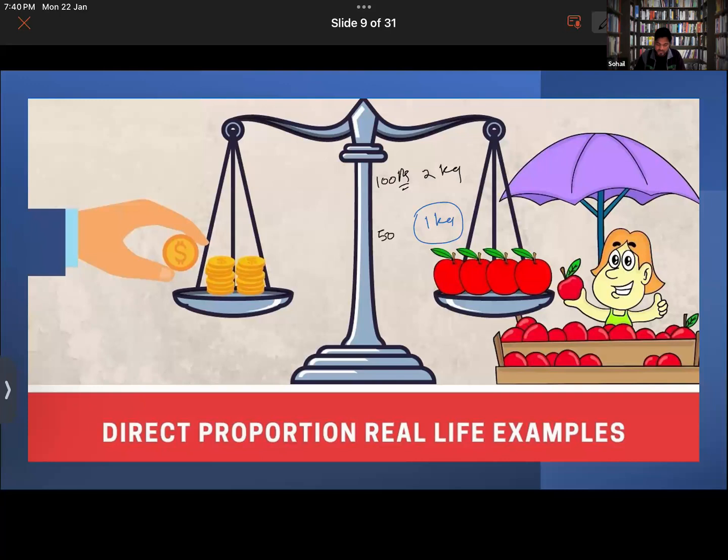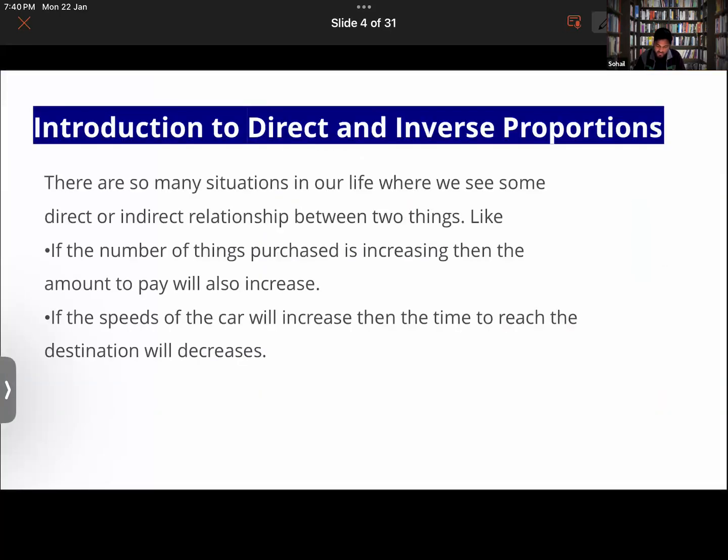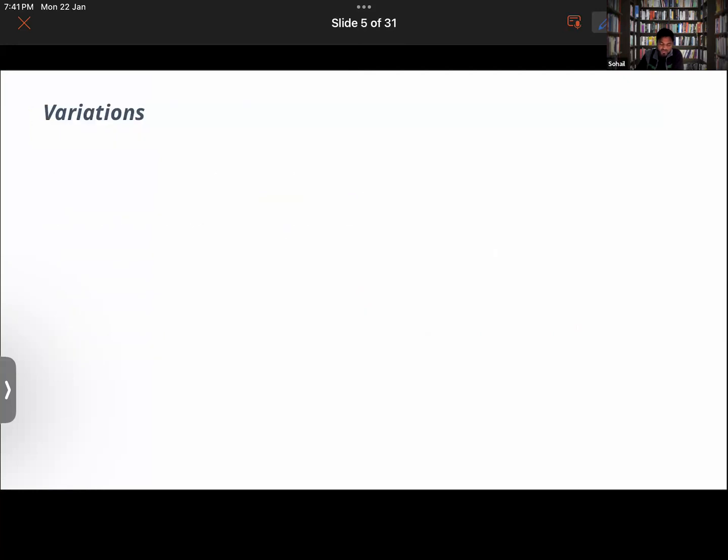Yes, sir. So before we talk about direct and inverse proportion, we should know about variations, that is, what we actually mean by variation, right? The values of two objects can depend on each other in such a way that the increase or decrease in the value of one object impacts the value of the other object.